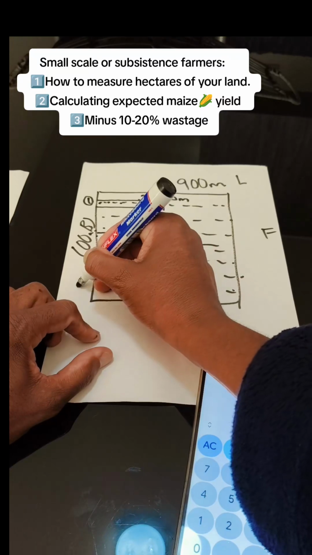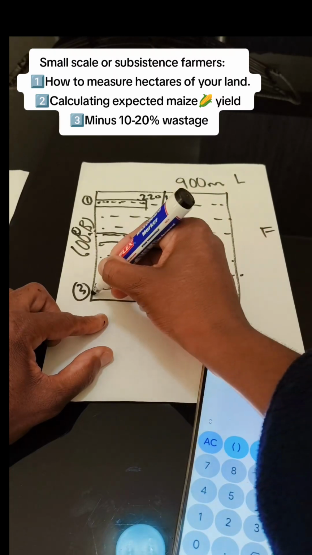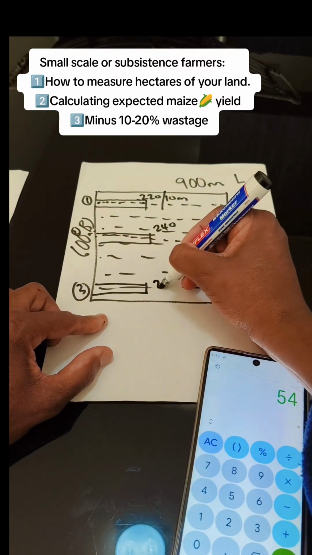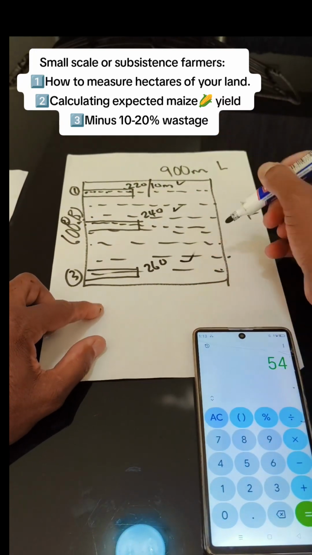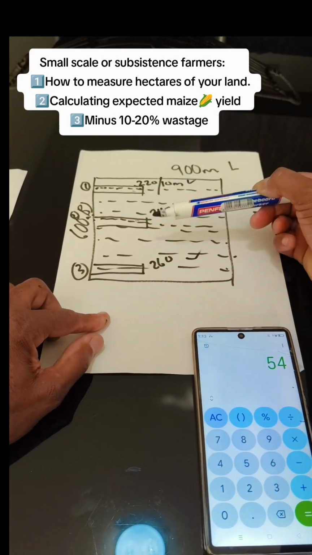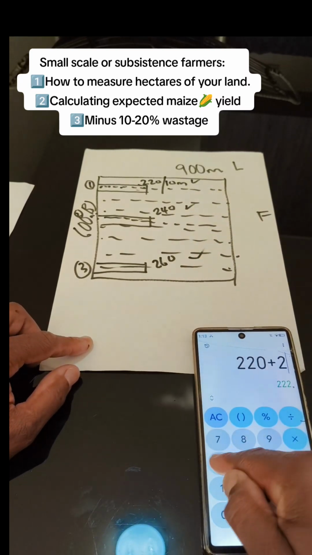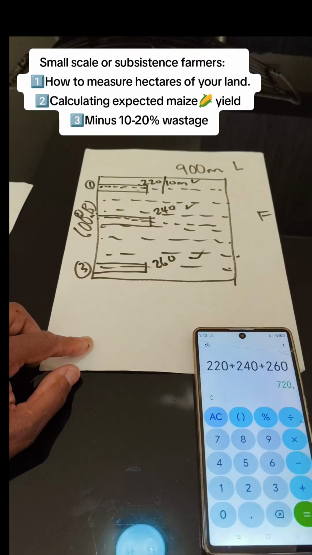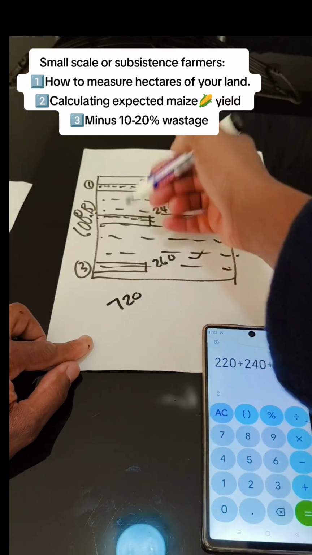Then at the back, sample number 3, you count again and get 260. You've done 1, 2, 3. So we add 220 plus 240 plus 260, which equals 720 in total.